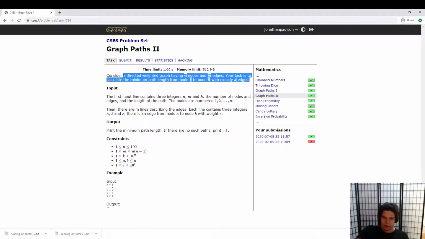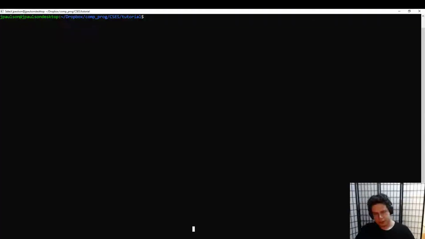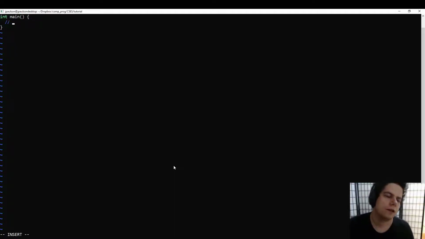So let's just think about how you would do that, and then we'll see how to do it with matrices. Okay, so let P be the adjacency matrix. P_ij equals the min cost edge from i to j.